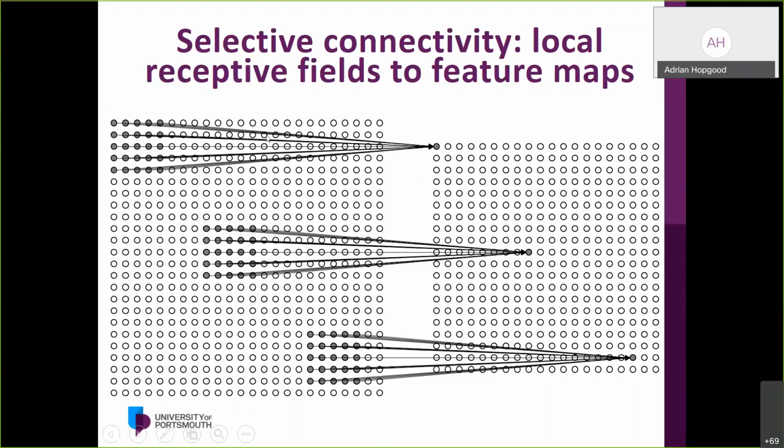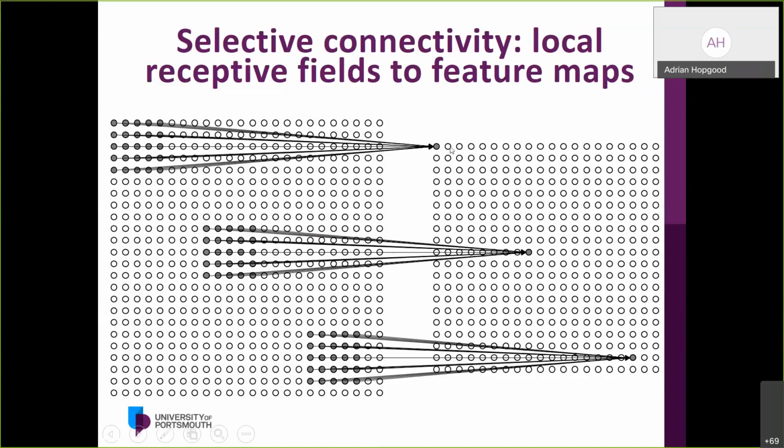What you actually have is little clusters of input neurons representing small parts of an image, so-called local receptive fields, are connected to a single neuron in the feature map.